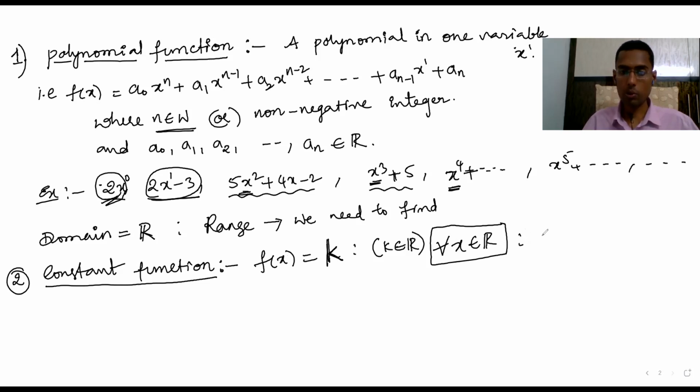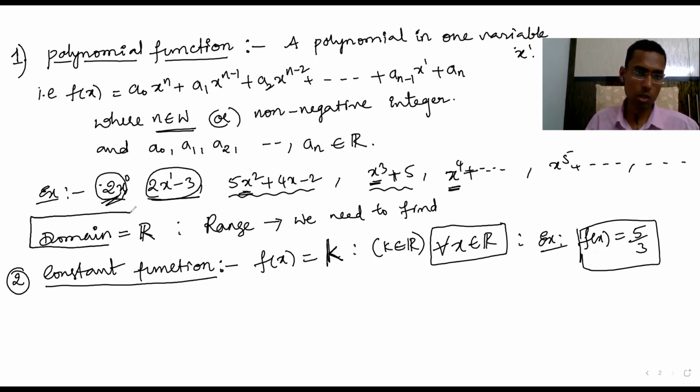Now for example, f of x equal to 5 by 3, let's say, or minus 2, or minus 3, whatever it is. So I gave one example here. What is the domain and what is the range? The domain we already discussed, so we need not discuss it again. Domain is all real numbers, for every polynomial function. Now range.